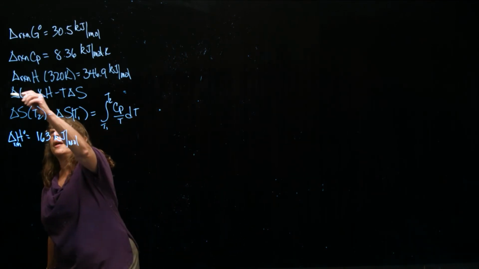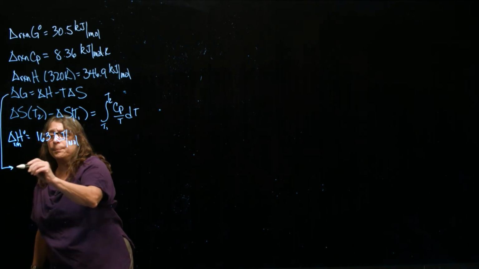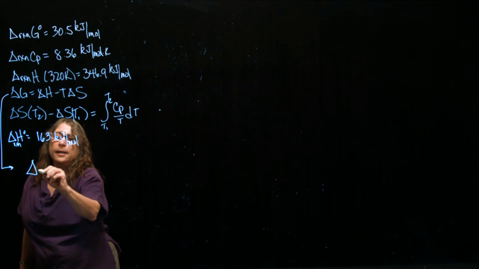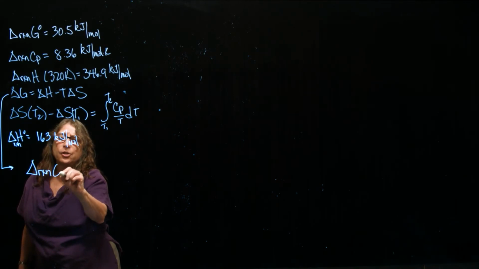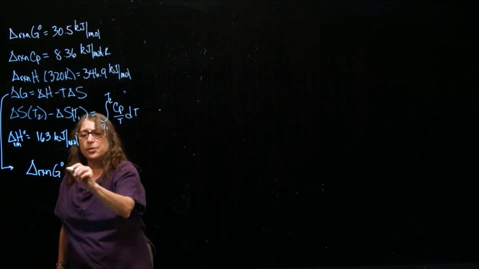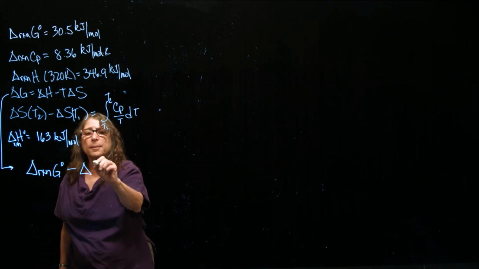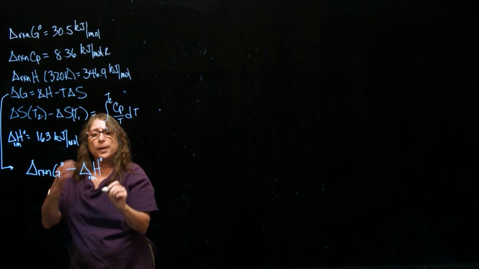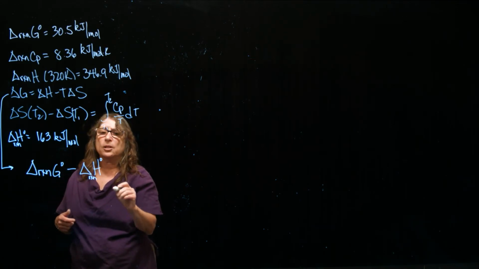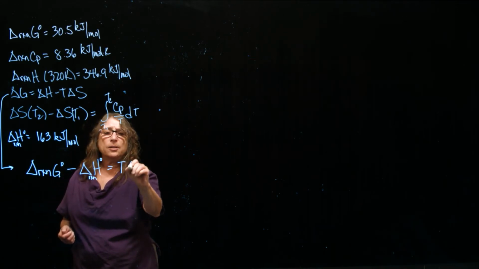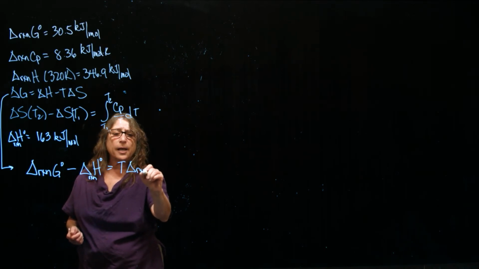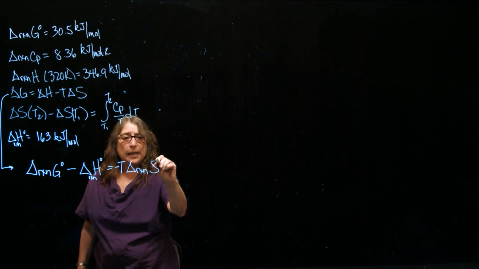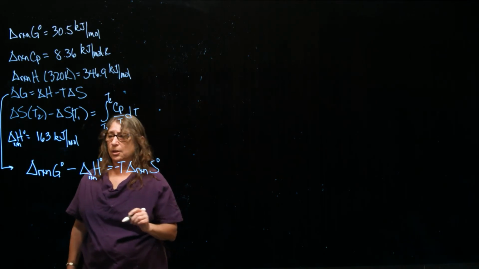So let's start there. To find the entropy, I need the Gibbs energy change for the reaction under standard conditions. I'm going to subtract off the enthalpy change for the reaction under standard conditions. And that's equal to negative T times the change in the entropy under standard conditions.